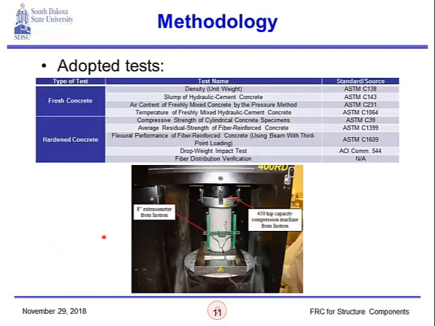So this picture shows the compressive strength test, which is typical whether it is conventional concrete or FRC. We attach an extensometer here, which is used to measure the modulus of elasticity, and of course we also obtain the compressive strength here.